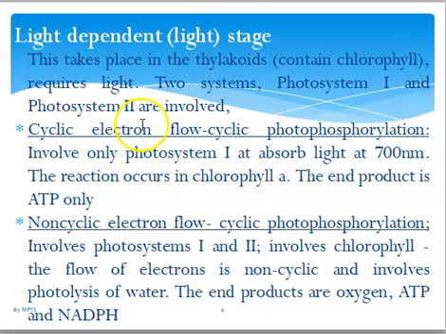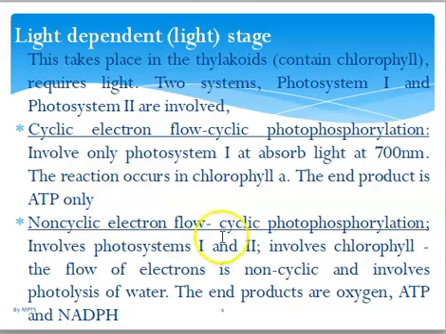In cyclic electron flow, or cyclic photophosphorylation, it involves photosystem 1, which absorbs light, and the end product is ATP.